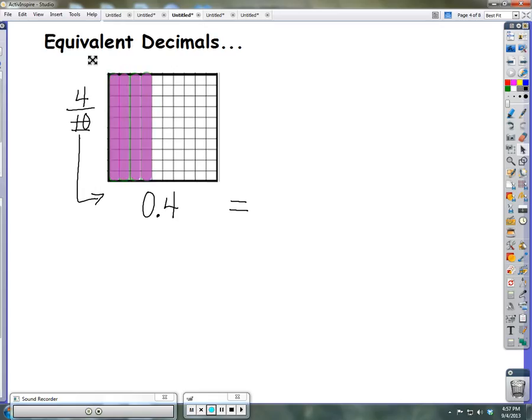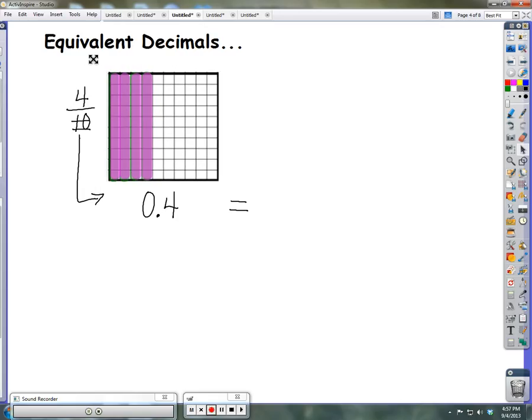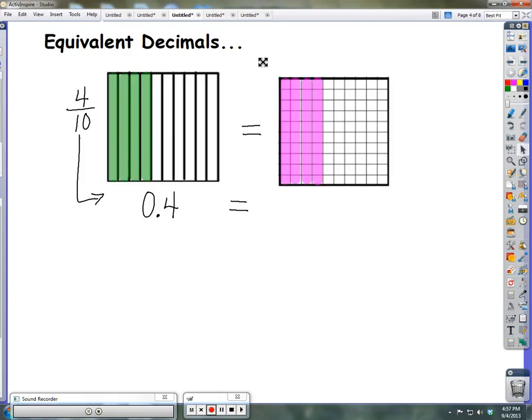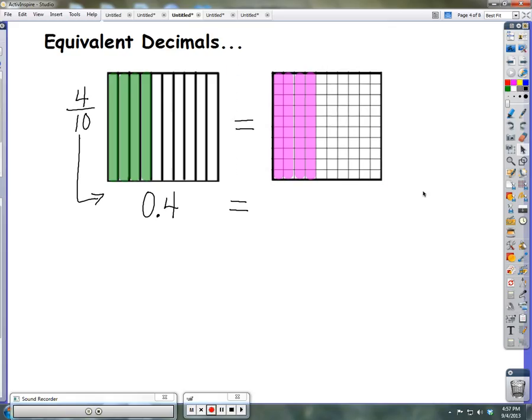You can tell that the pink is layered over top of the green, and the exact same amount is shaded in. I'm going to move this back over here. So by looking at the picture, you can tell these really are equivalent or equal amounts shaded in.